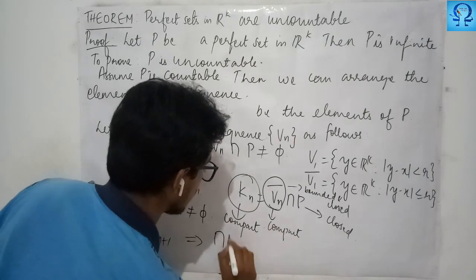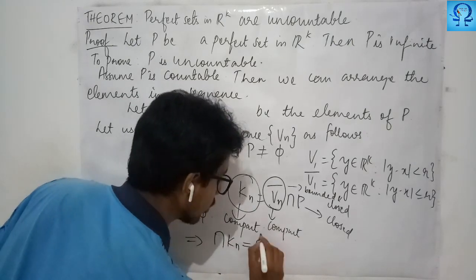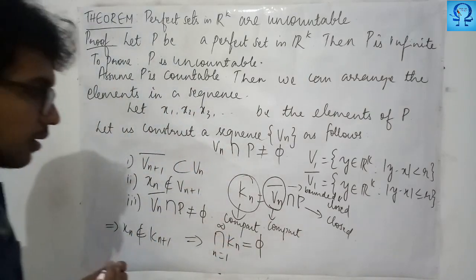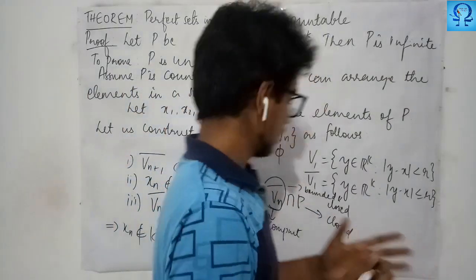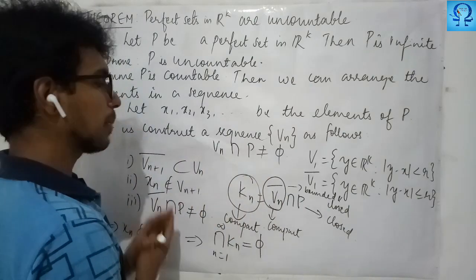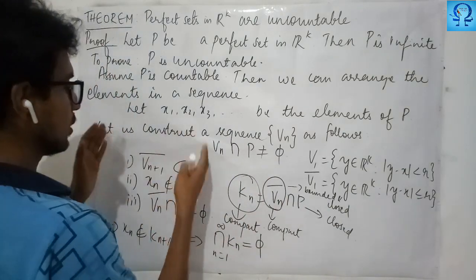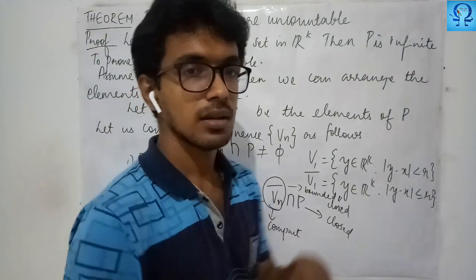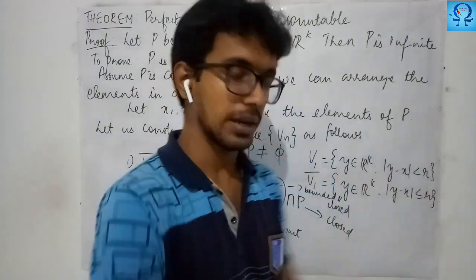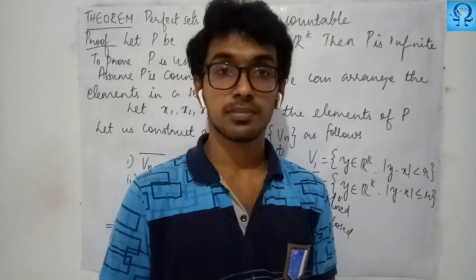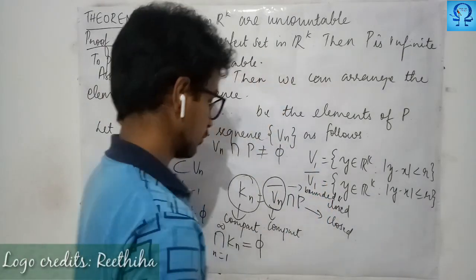This tells you that the intersection of Kn is going to be empty. Here you have a sequence of compact sets, but the intersection is empty. Can it be possible? It cannot be possible at all.